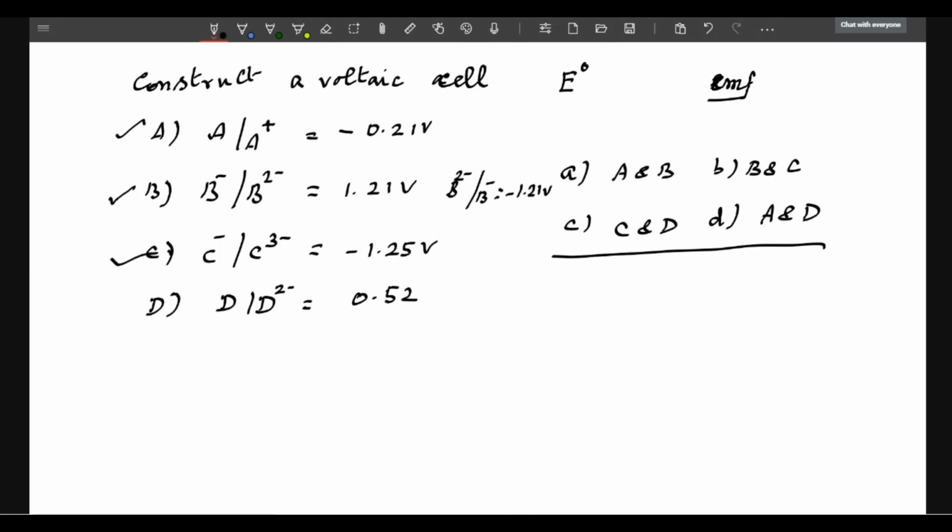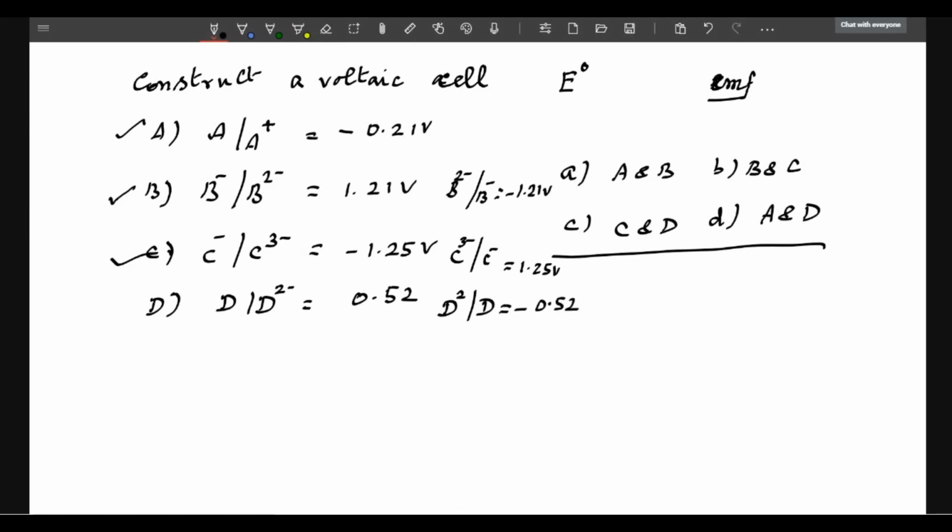The C electrode: reduction potential converted into the oxidation potential will be 1.25 volt. Then the last one, reduction potential, therefore converted into oxidation potential, minus 0.52.